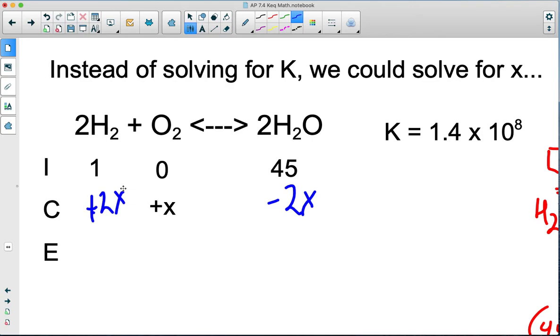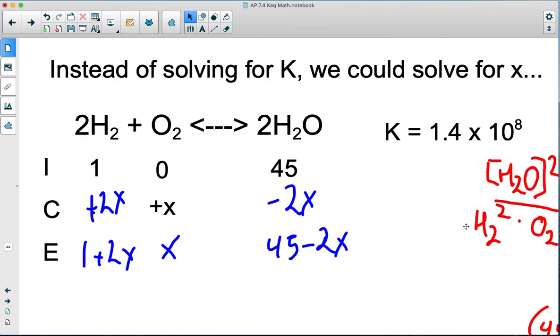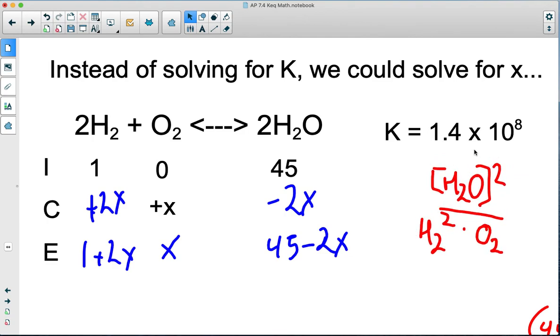Smile and nod. So when I get to equilibrium, this is going to be 1 plus 2X, this is going to be X, and this is going to be 45 minus 2X. I know that all that ratio equals 1.4 times 10 to the 8th.